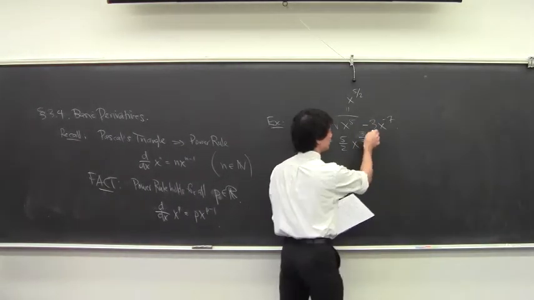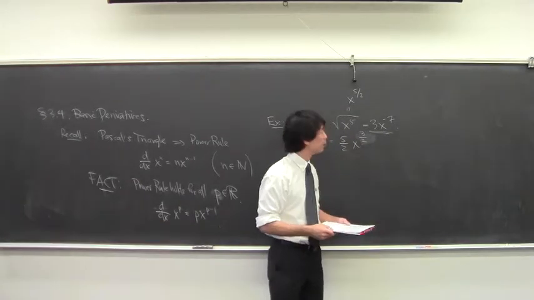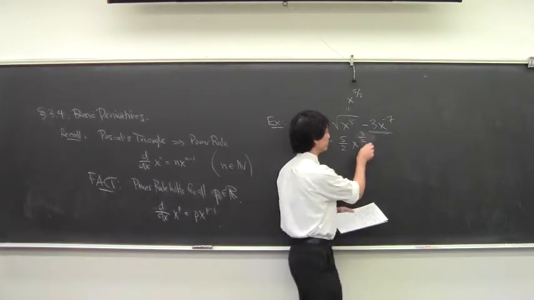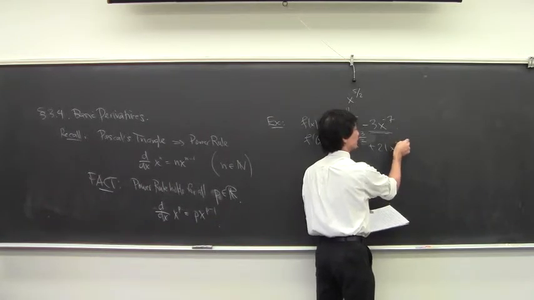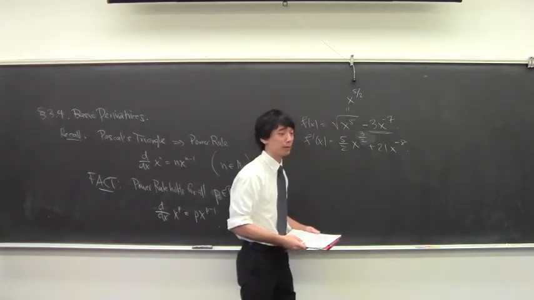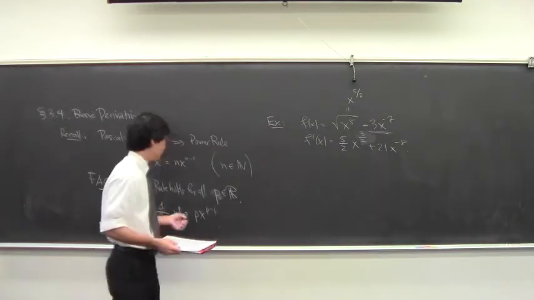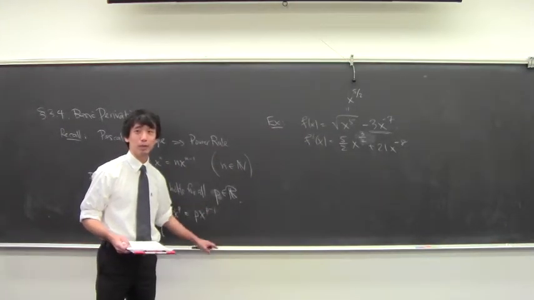And then the second part, what do you get there? You just subtract 1 from the power, so x to the minus 8. So bring the power down and take one away from the power.